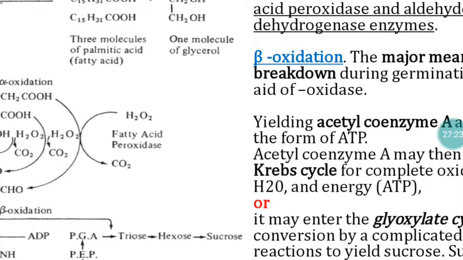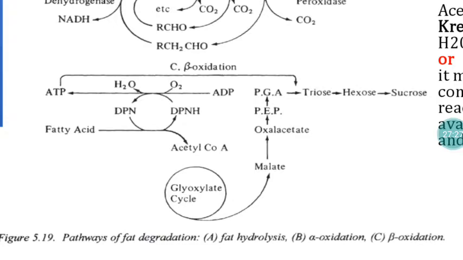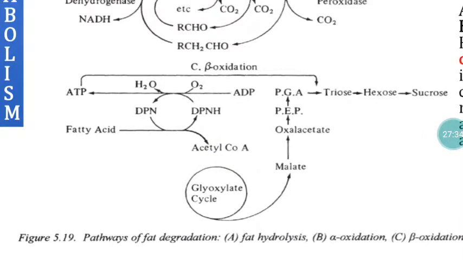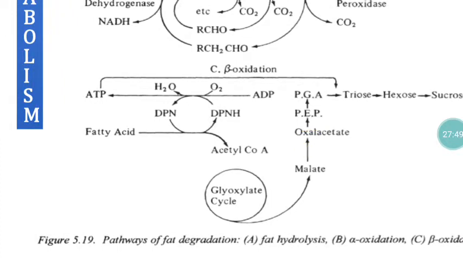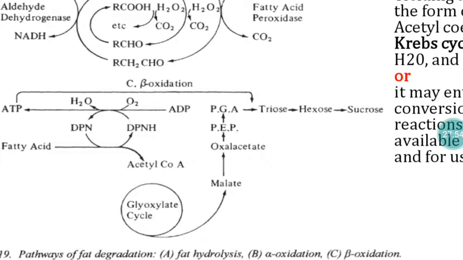Whereas beta oxidation is a very commonly occurring event in most of the oil seeds. Here the fatty acids will be converted into acetyl-CoA. The acetyl-CoA will directly enter the Krebs cycle that will generate energy. Or sometimes the acetyl-CoA will enter the glyoxylate cycle. So it's a somewhat complicated system. Through the glyoxylate cycle, malate will be formed, then oxaloacetate, PEP, phosphoglyceraldehyde, triose, hexose, and finally this also produces sucrose.